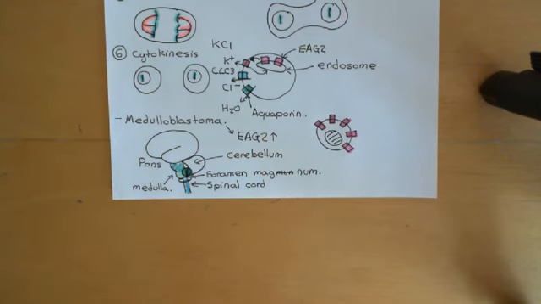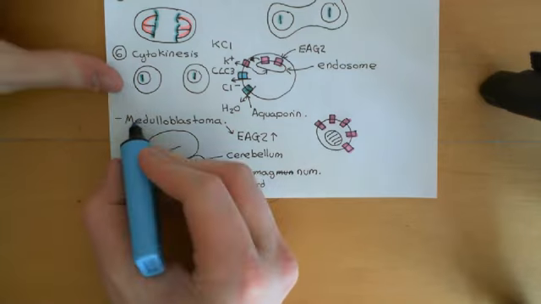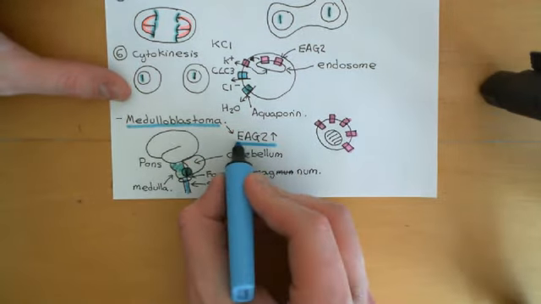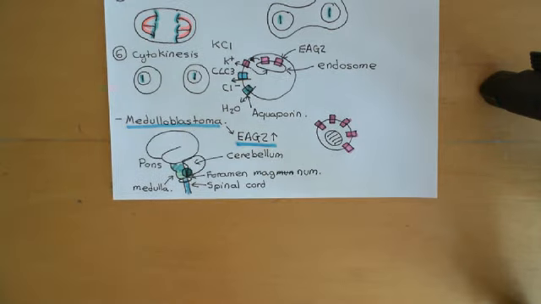But ether-a-go-go 2, maybe it's not a driver, maybe it is just a consequence there. Okay, so it's a consequence of some other driver that's then driving its behaviour because ether-a-go-go 2 is so essential for the division process. Okay, but it's still an interesting thing to note that these medulloblastoma tumour cells have very, very aberrantly high expression of ether-a-go-go 2.